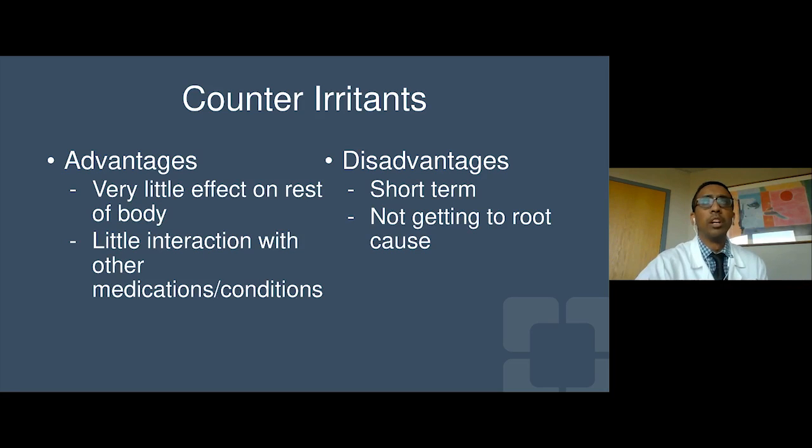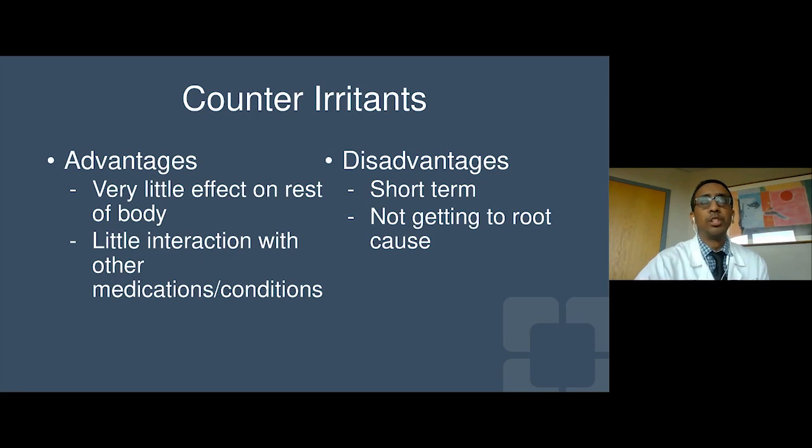You can rub it right in, and very little gets into the rest of the body. Because of that, there's very little interaction with other medications and other conditions, which, as you'll see as we move forward with some of the other medications, we have to be careful with.